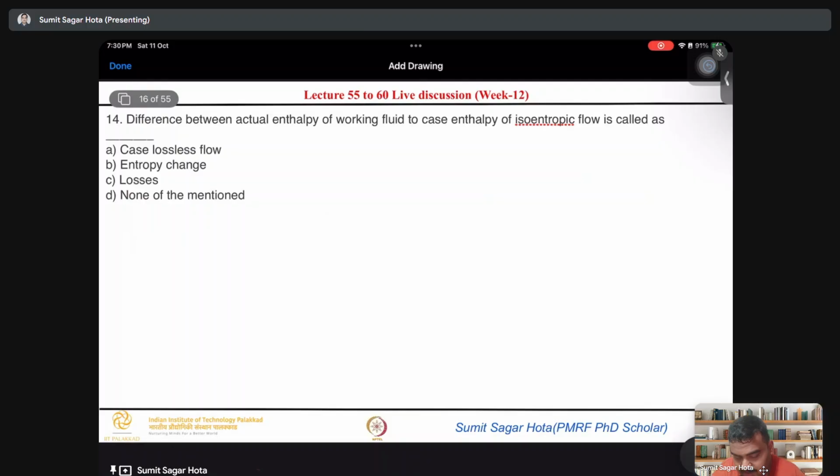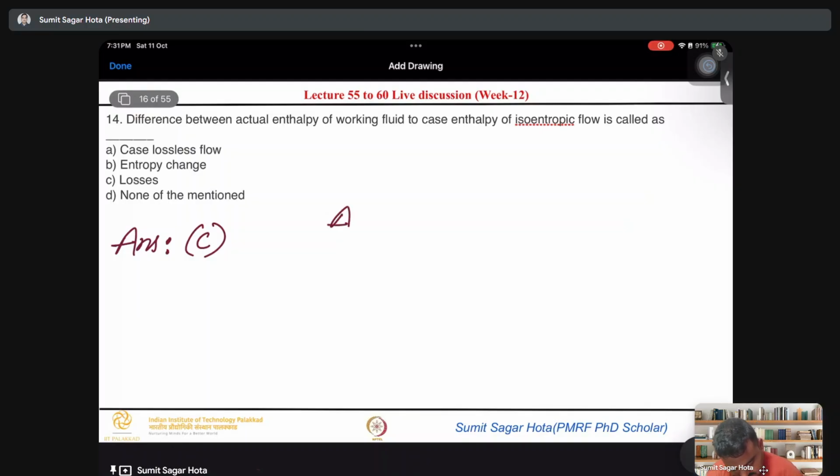The answer is C. The difference between the actual enthalpy of the working fluid and the enthalpy of isentropic flow is called losses.